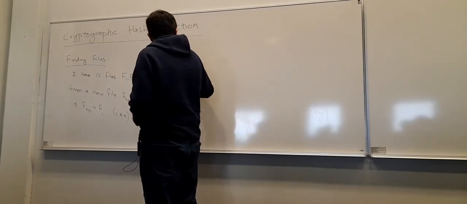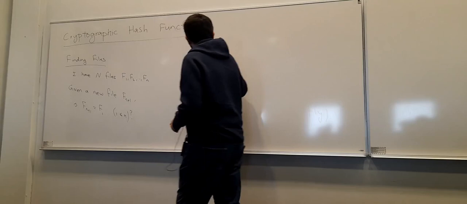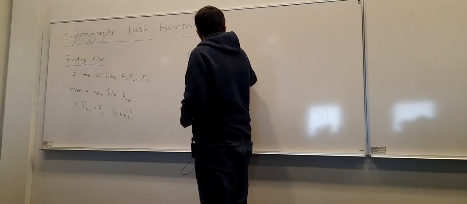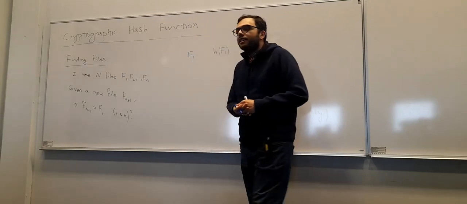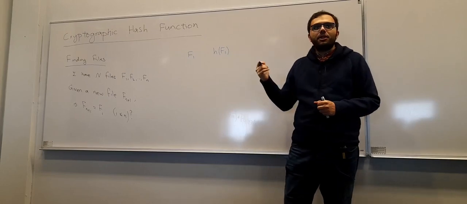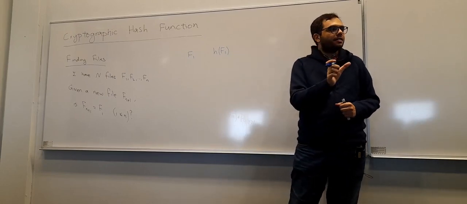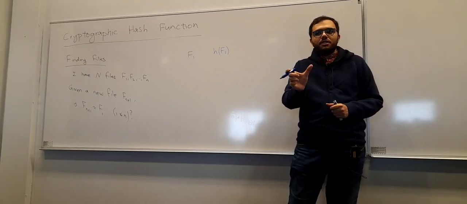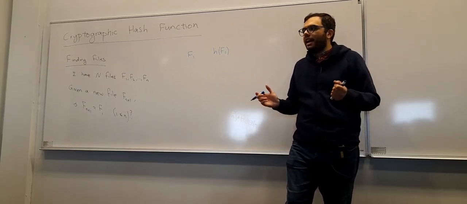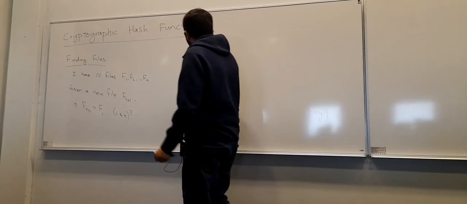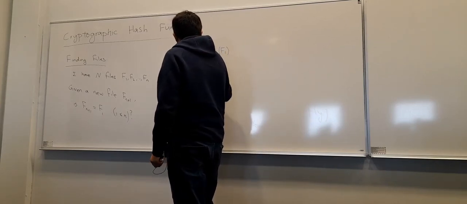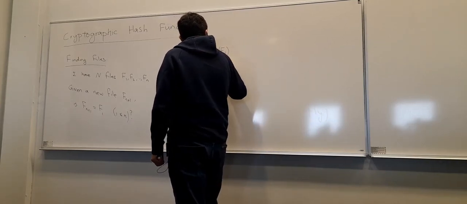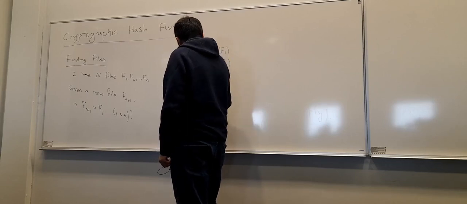So whenever I save my file F1, I also save the hash of F1. Now, this is a very small overhead because my hash has a fixed size, let's say 256 bits. So that's fine. I can just save the hash. It's a little bit of extra work. And then when I save F2, I also save the hash of F2 and so on.